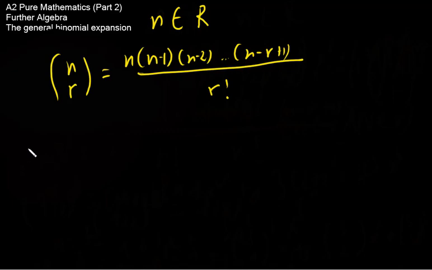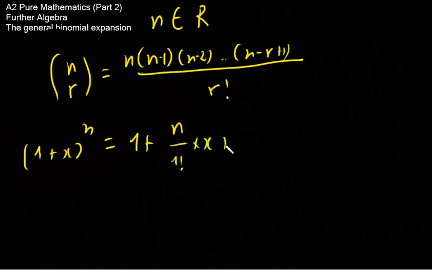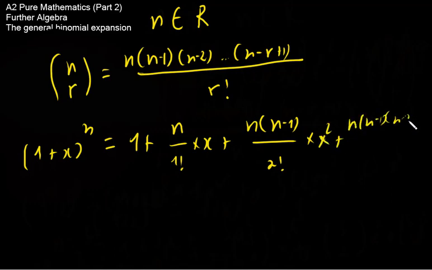So if we write it in this form, we have (1 + x)^n equal to 1 + n over 1 times x + n(n - 1) over 2 factorial times x squared + n(n - 1)(n - 2) over 3 factorial times x cubed, etc.